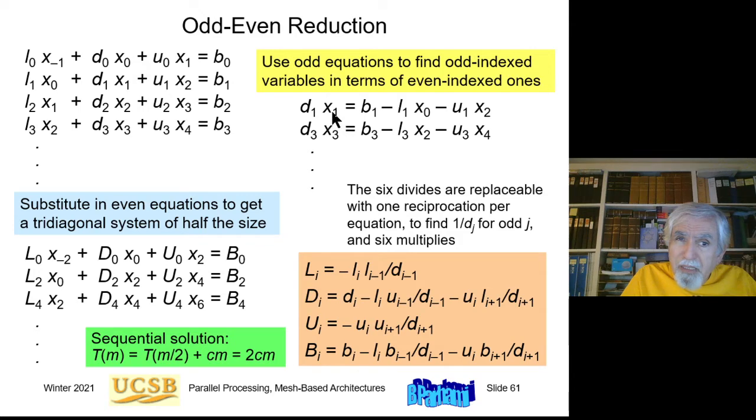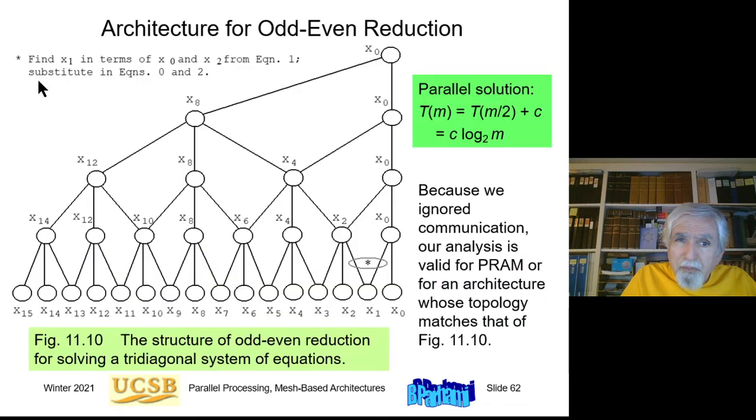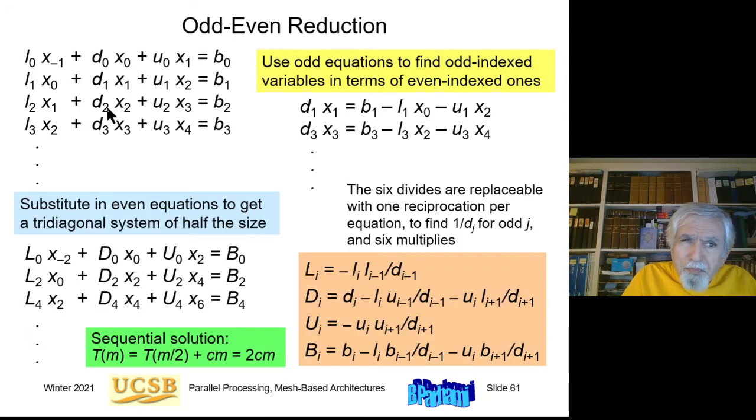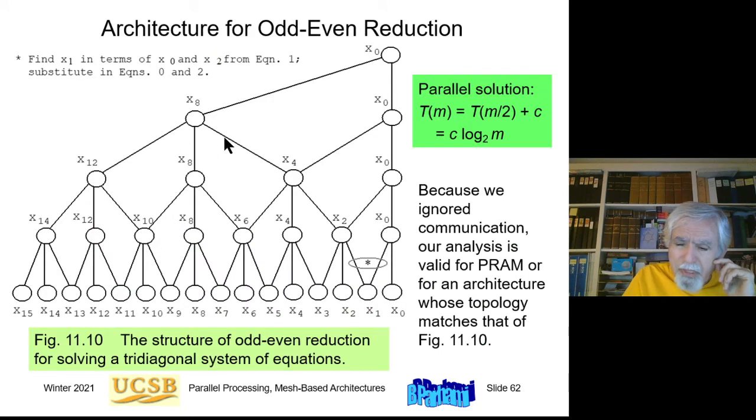So basically, this is how we compute x1: d1 x1 is b1 minus l1 x0 minus u1 x2, and then divide both sides by d1, and you get x1 in terms of x0 and x2. And you find x3 from this equation in terms of x2 and x4.